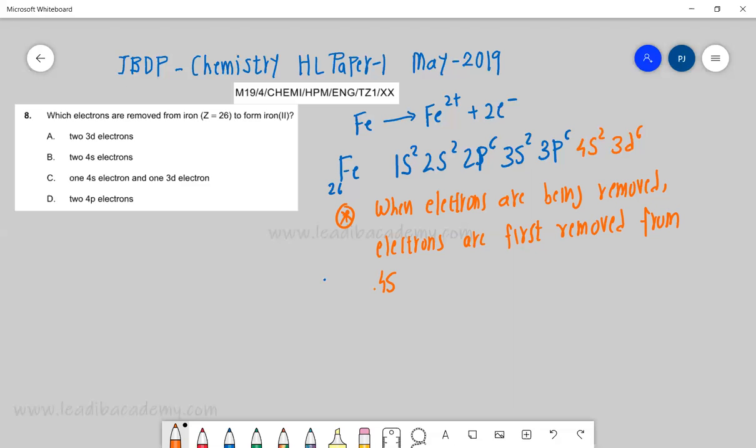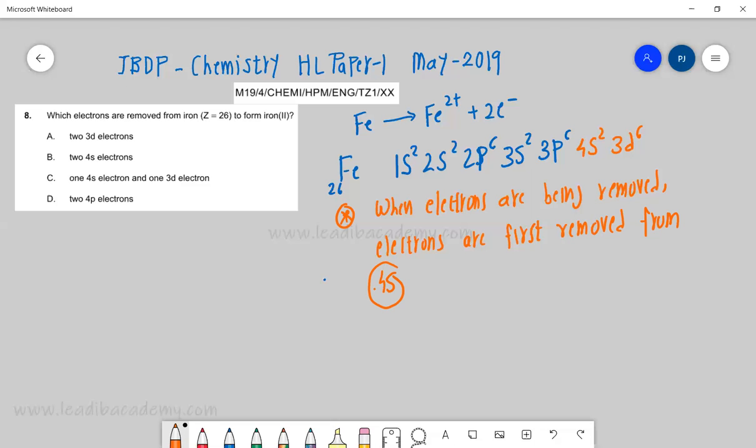The reason is that after filling up of the electrons, that means 4s2 and 3d6, the 4s orbital goes into a higher energy level. Before filling up, 4s is at the lower energy level, but after filling up, 4s goes to a slightly higher energy level compared to 3d6. And when we take out electrons, obviously we go from the higher energy level to the lower. Since the 4s orbital is at the higher energy level, electrons are removed first from 4s. Please remember this as a concept.